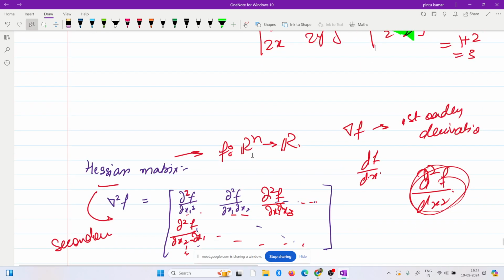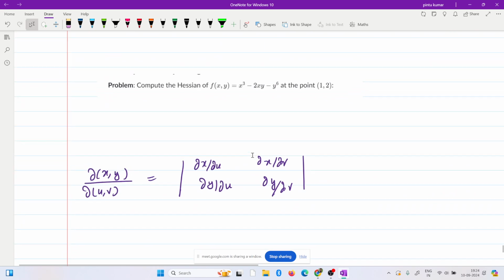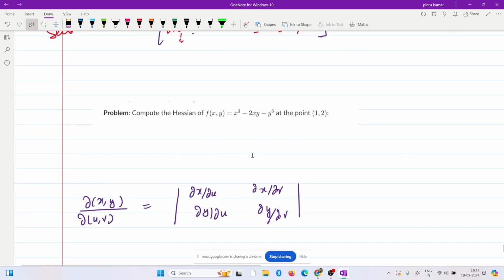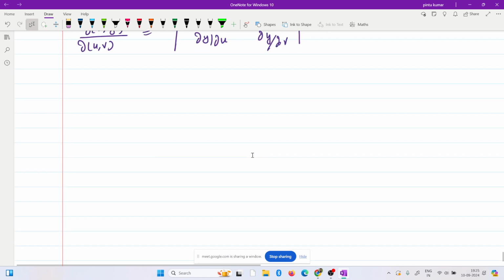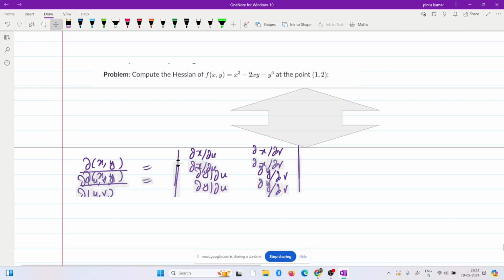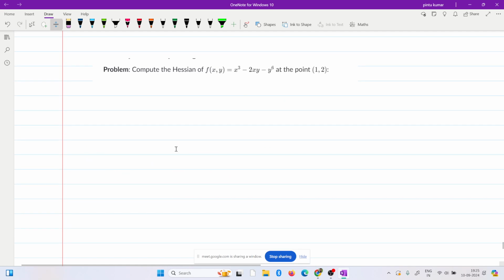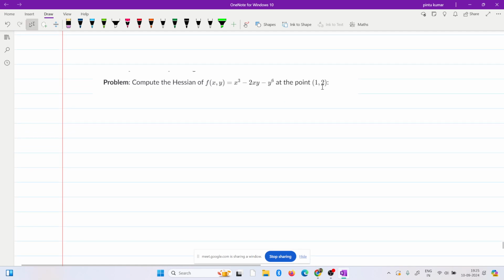We have some more questions. We have been asked to calculate the Hessian at this particular point. How does my Hessian matrix look?